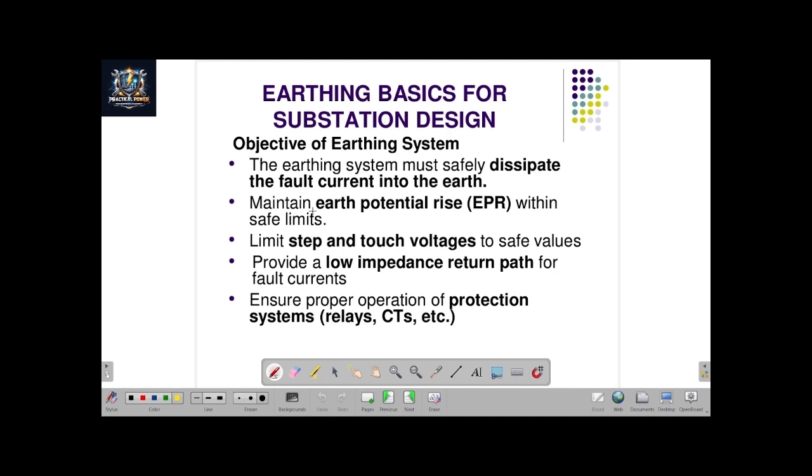It will maintain the earth potential rise within the limit. Also, step potential and touch potential should be within safe values. It must provide a low impedance return path for the fault current and ensure proper operation of the protection systems. Relays and circuit breakers will be operated properly.